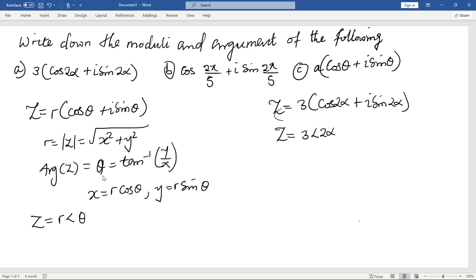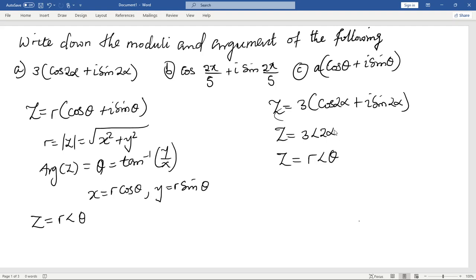Now we need to write the modulus and the argument. For this one, if you compare it with the general form of a complex number in polar form, r is the modulus and theta is the argument.